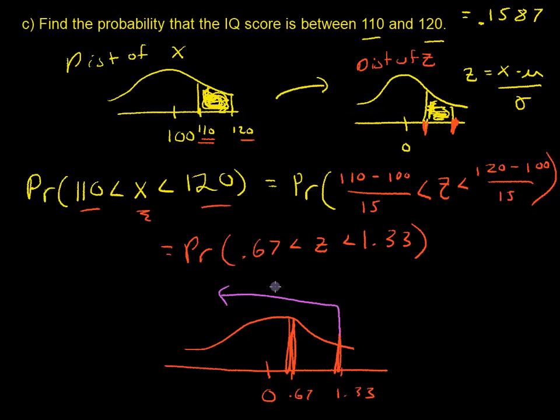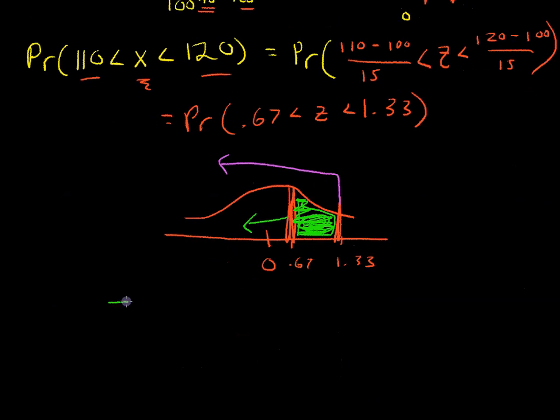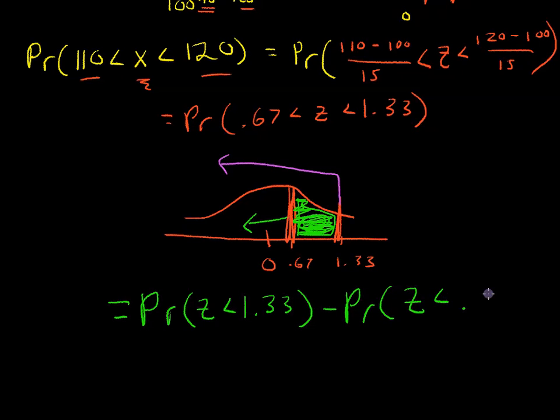So I'll look that up first, and then I'll subtract off the area that's behind 0.67. That'll tell me the area that's between the two. If I take all of this area and subtract off that area, I'm left with the area that's between. Let me write that in terms of probability statements. This will be equal to the probability that z is less than 1.33, that's looking up the 1.33 in the table, minus the probability that z is less than 0.67. That'll be when you look up 0.67 in the table.